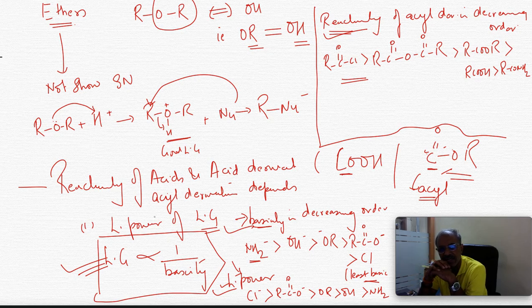In that scenario, you will have to see what type of leaving group is attached, and if you are unable to find the leaving group, then what basicity is attached. Basicity is interrelated to leaving group, and leaving group is interrelated to reactivity. So just couple all three, and then you will be able to show the reactivity pattern.